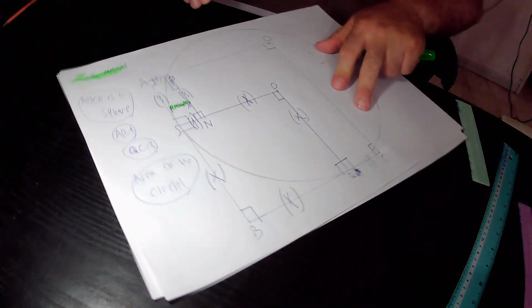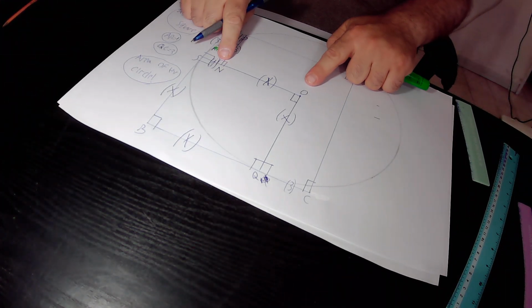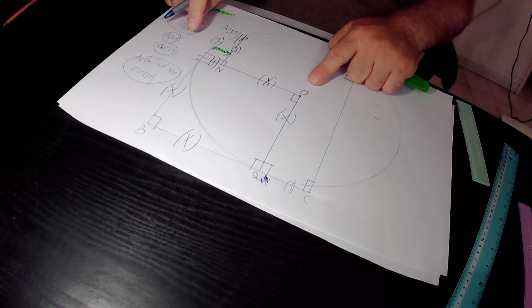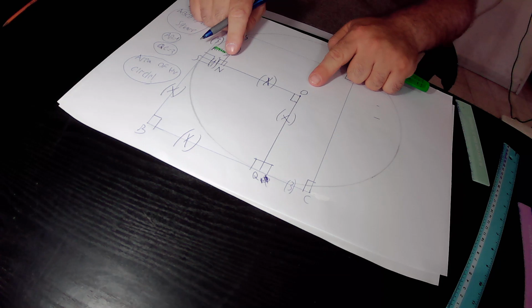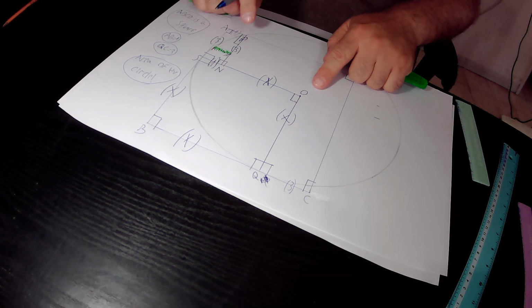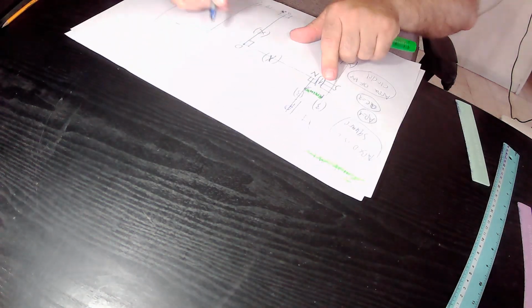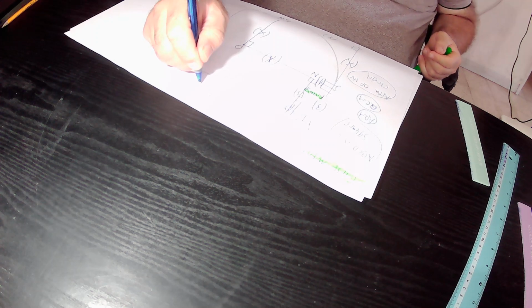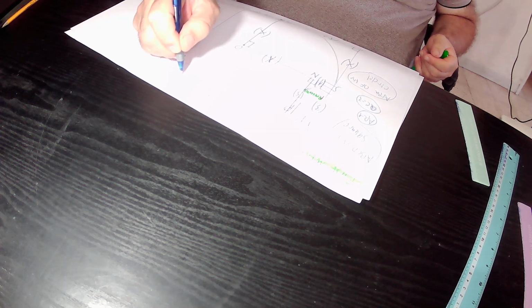What is the length of the missing side NO? From the drawing, it is very easy to see that NO in total equals SO minus SN. So, write it down. NO equals SO minus SN.